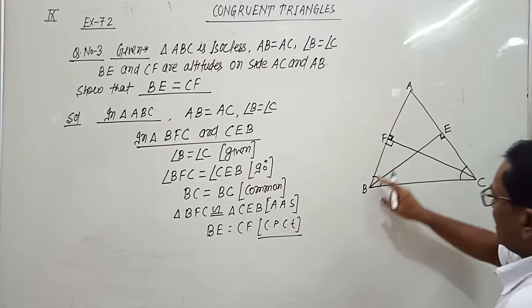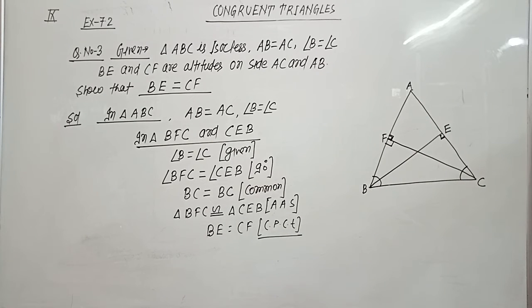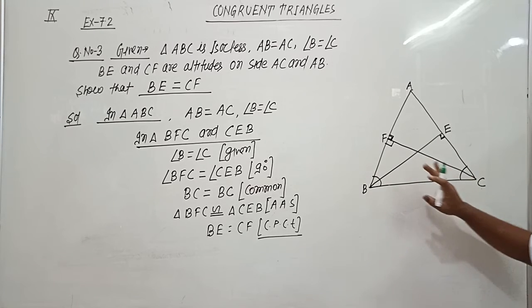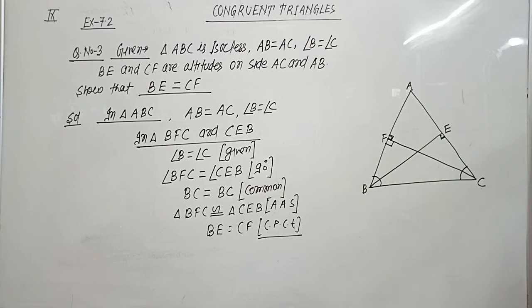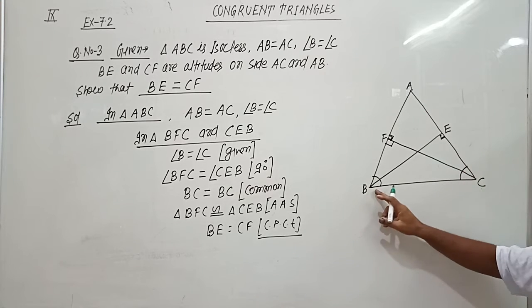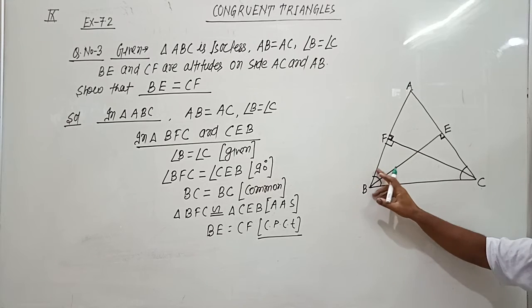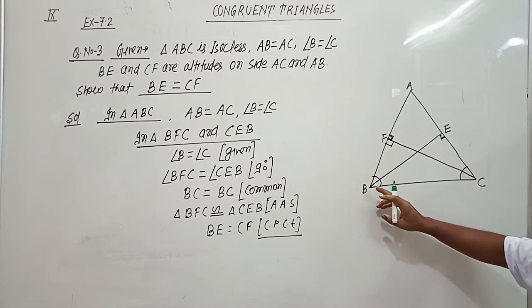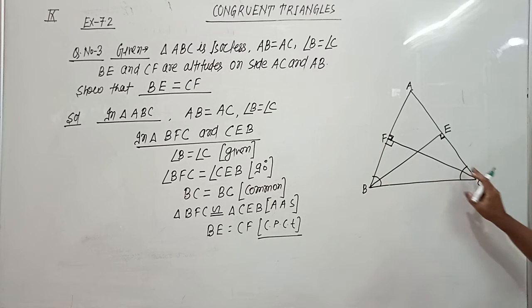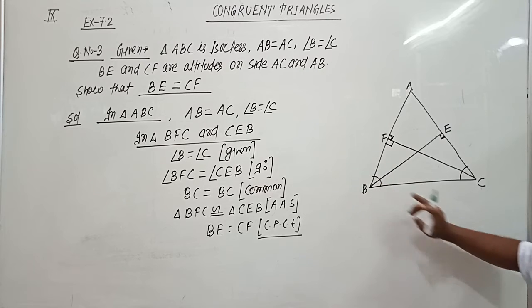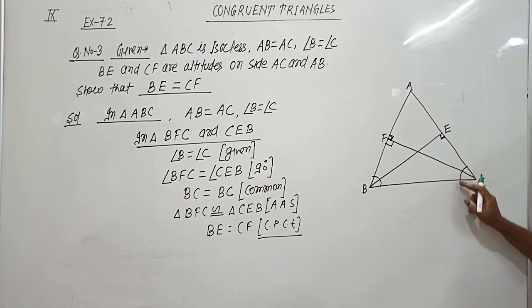So we have given triangle ABC, which is isosceles, and also BE and CF are two altitudes drawn on the equal sides. We have to prove that the altitude BE equals altitude CF. Since ABC is isosceles, angle B equals angle C. So we have taken two triangles BFC and CEB.